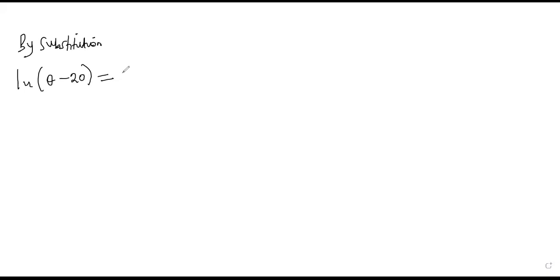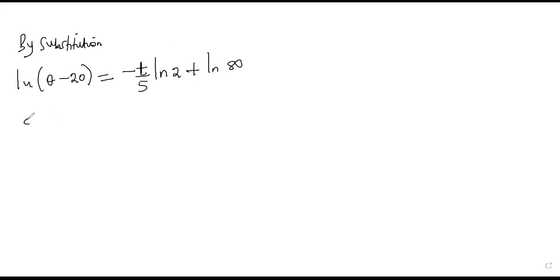We have gotten k as 1 over 5 ln 2, so we shall have negative t over 5 ln 2 plus the constant c, which was ln 80.